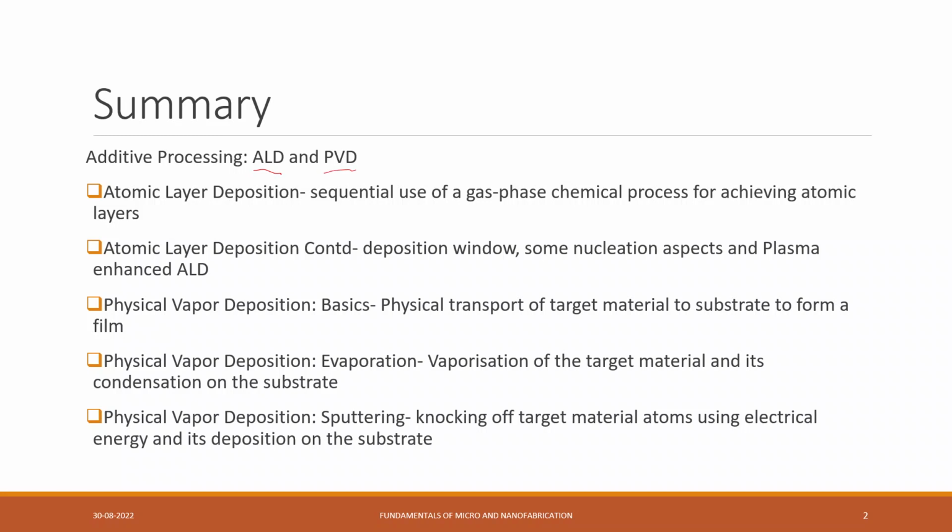Under atomic layer deposition, in the first video, we saw how a sequential gas phase chemical process is used for getting atomic layers. It's a self-limiting process that helps us in getting atomic layers. The second video was a continuation of atomic layer deposition.